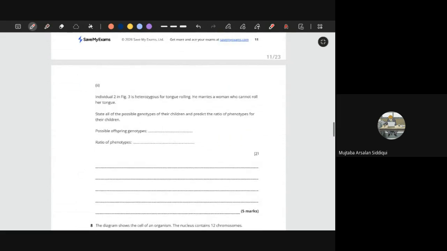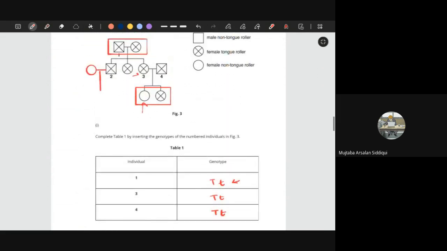State all possible genotypes of the children and predict the ratio of phenotypes. So she is homozygous recessive, and he is heterozygous. So you can either get Tt or you can get tt, small t and small t, right?